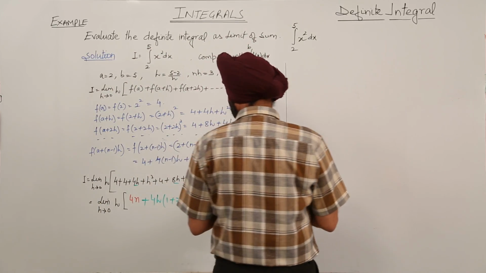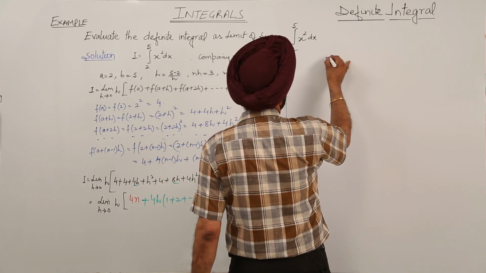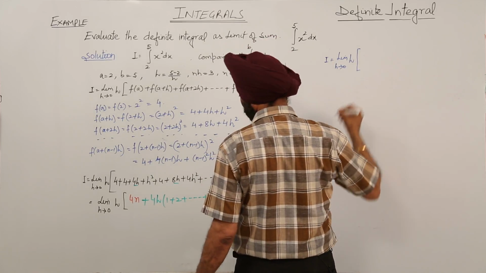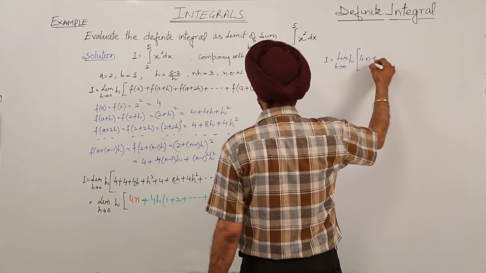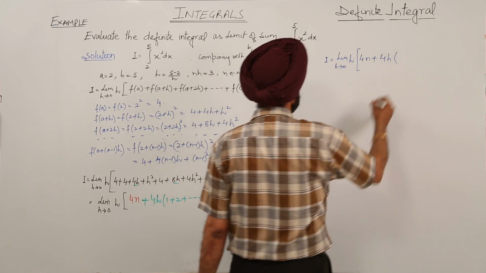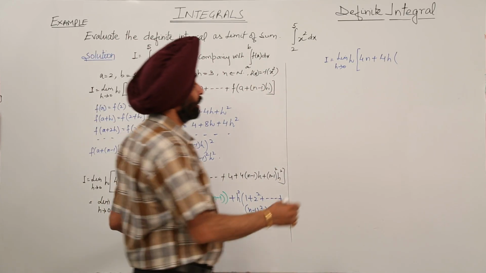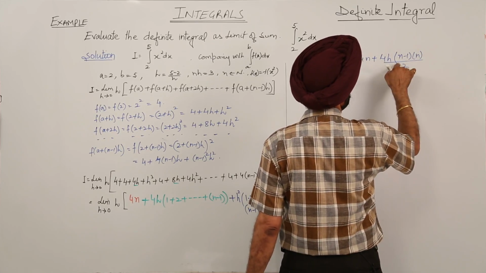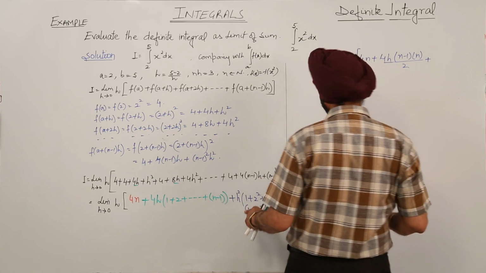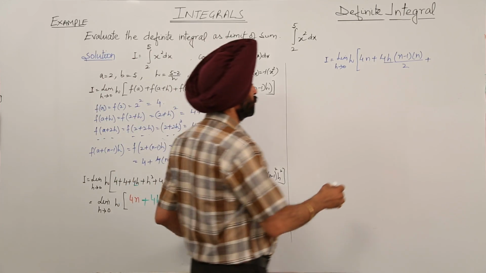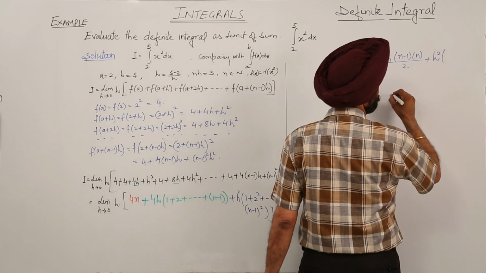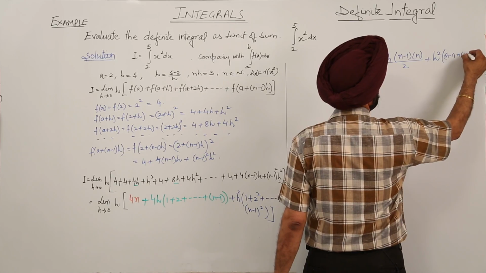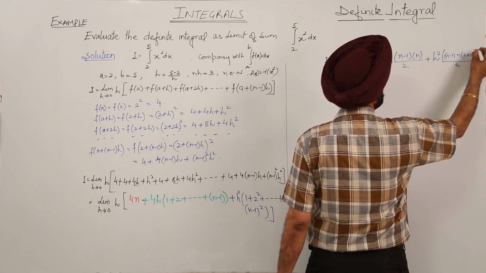Now the question becomes, limit h approaches 0, h times, first part is 4n plus 4h with 1 plus 2 plus ... plus (n minus 1), which is (n minus 1)n upon 2, plus, then terms having the square numbers, h square, what we will be having here? (n minus 1) n (2n minus 1) upon 6.